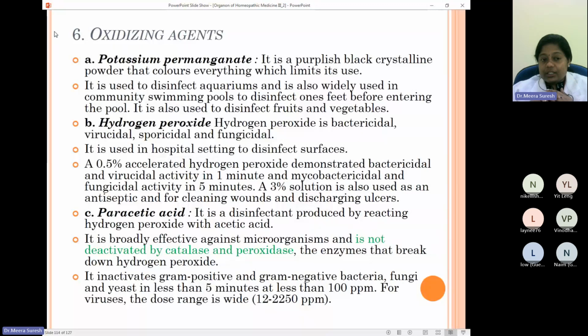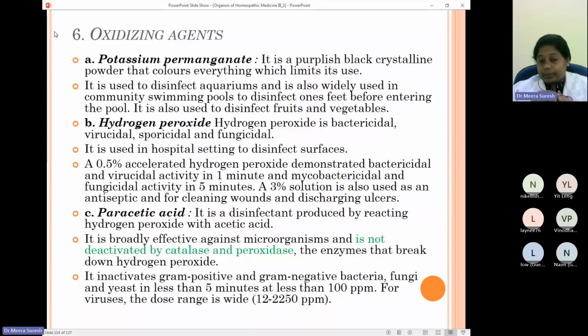Then oxidizing agents: potassium permanganate, hydrogen peroxide, and peracetic acid are the main ones. Potassium permanganate is that purplish black crystalline powder, and it is going to color everything where we are going to use it, and hence it is not much used because of the coloration it leaves behind.